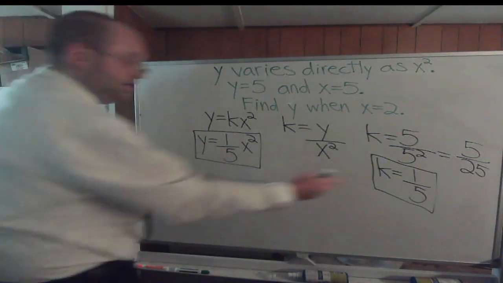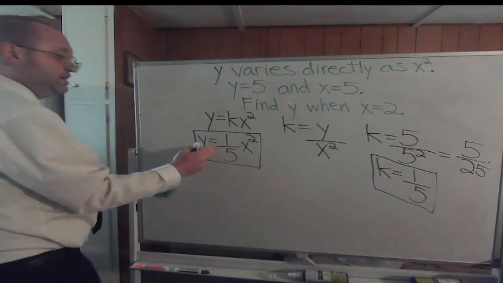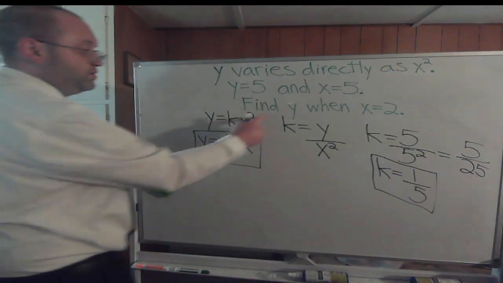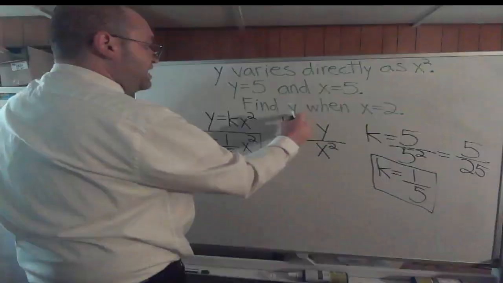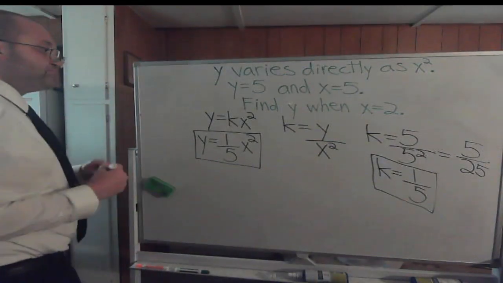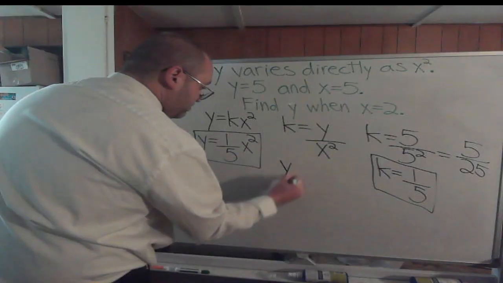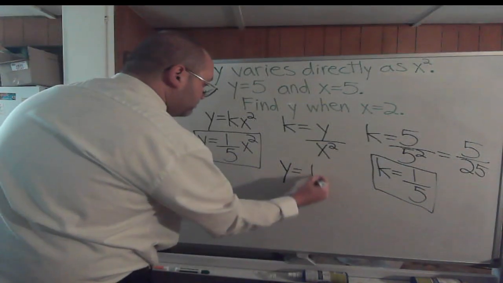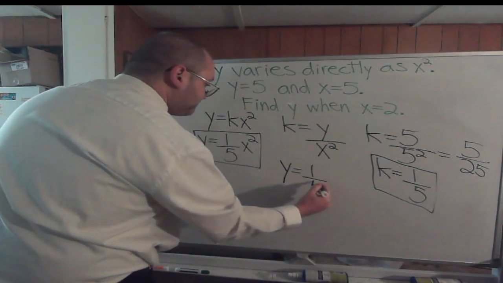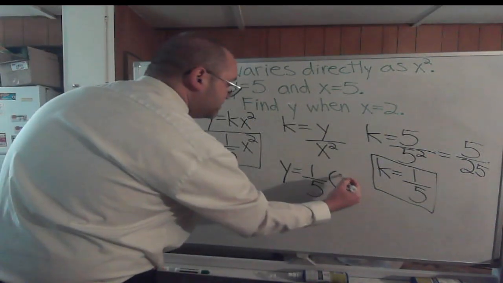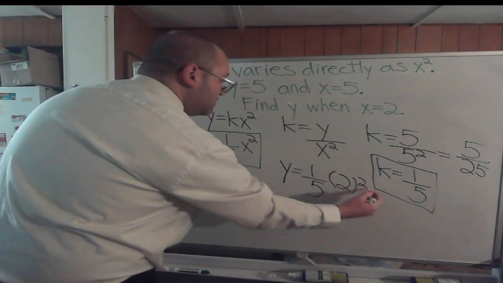So we found the constant of variation. Now we found the equation of direct variation. Last thing we need to do now is focus on the third sentence. Find y when x is 2. So we're solving for y. We don't know that, so we'll say y equals 1/5 times the x value of 2 to the second.